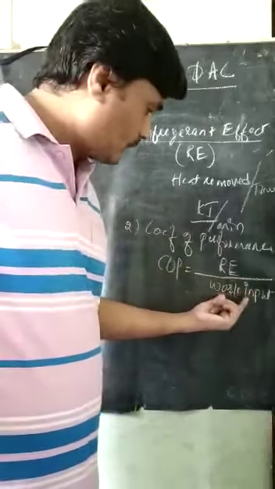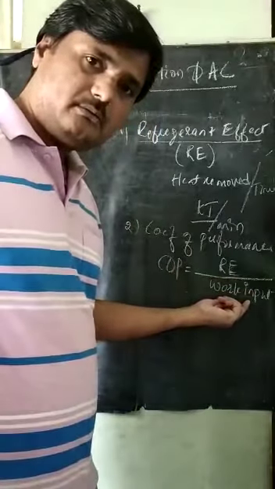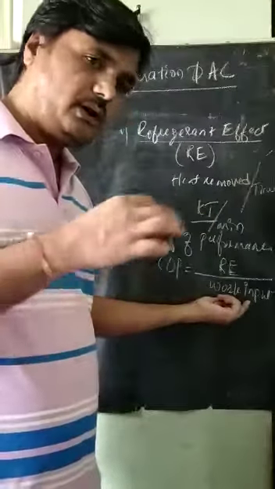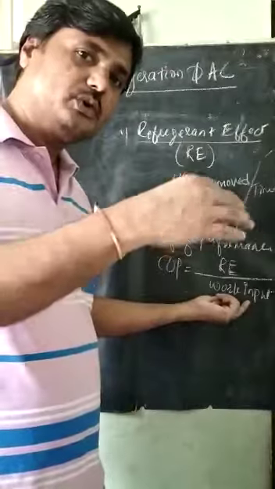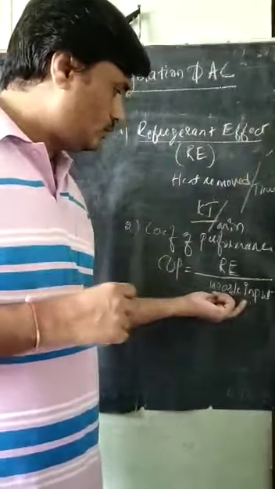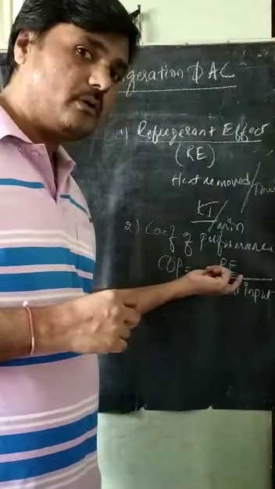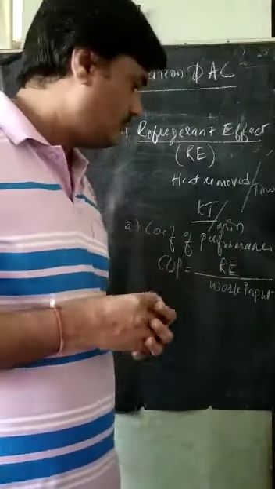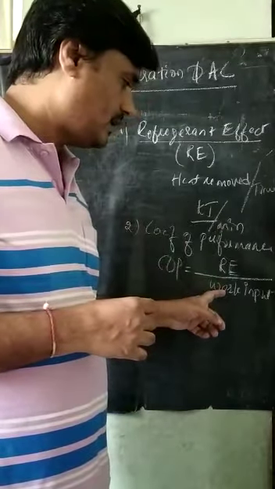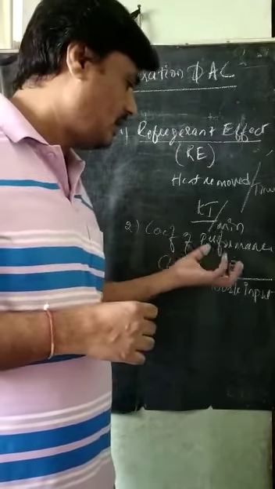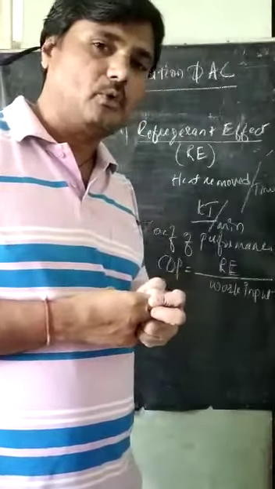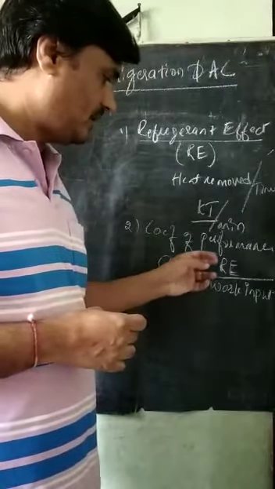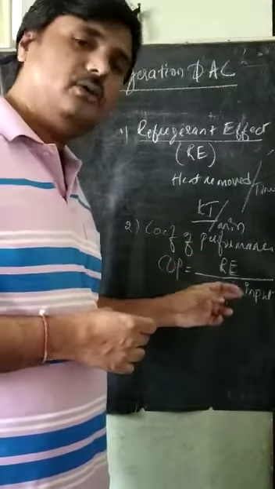To supply that work, how much heat will it remove? That is the effect we are getting. Out of the work input, how much heat is removed. This is called the coefficient of performance, the ratio of refrigeration effect to the work input.